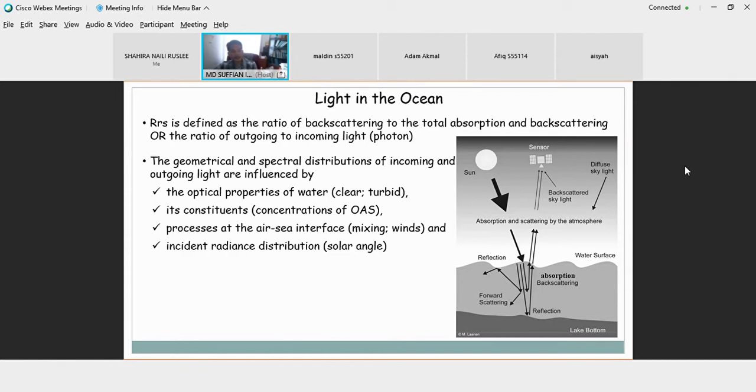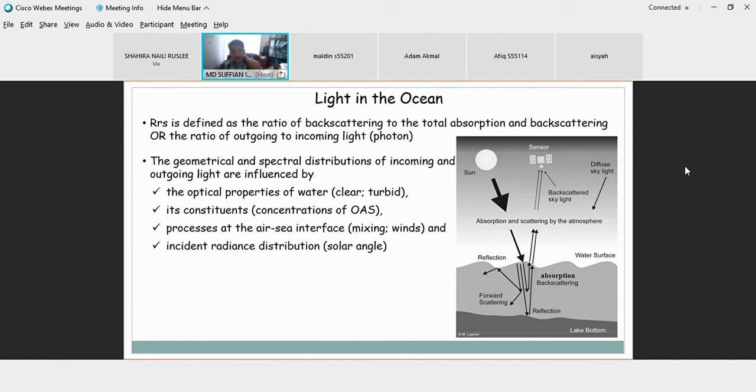And then the incident radiance distribution, because of solar angle, when you measure in the morning, afternoon, or evening, you will get different spectral properties of the ocean, of the geometrical spectral distribution.